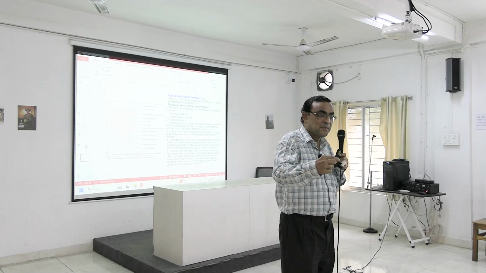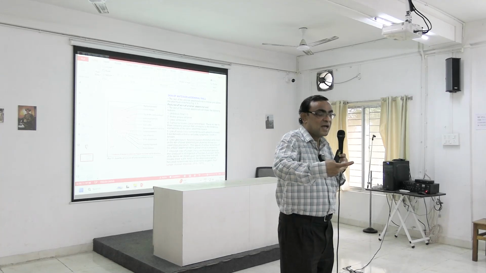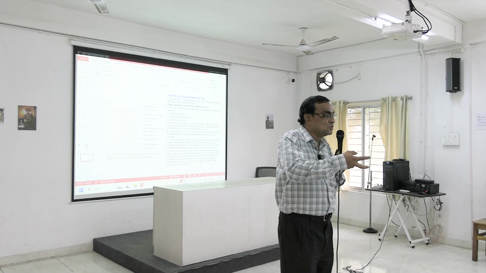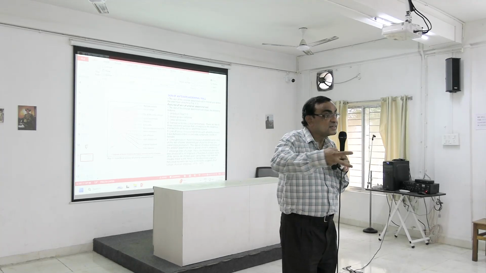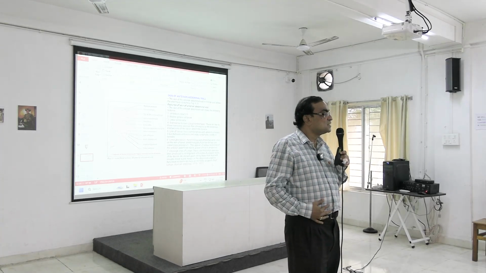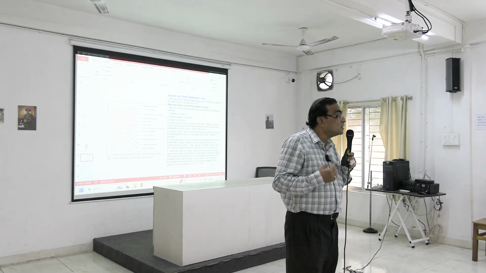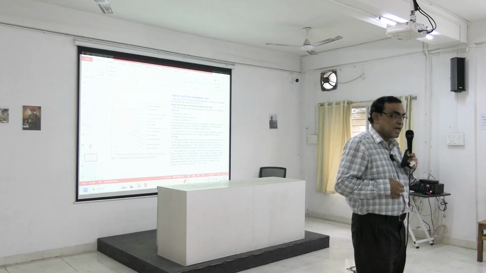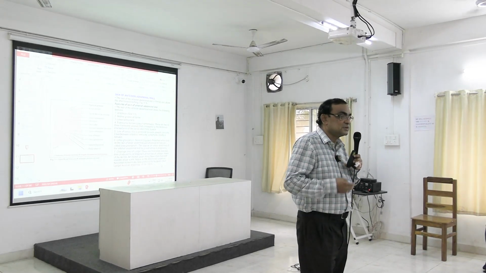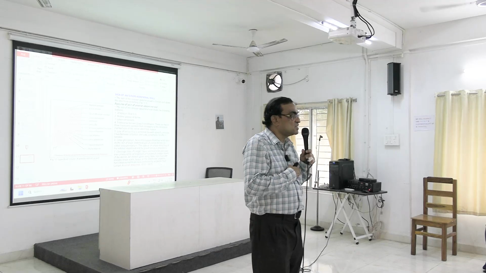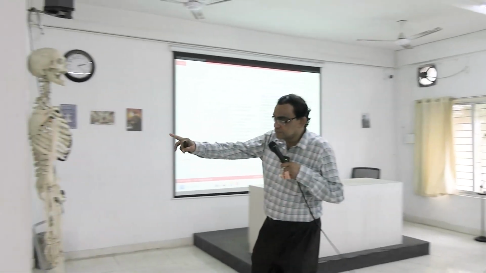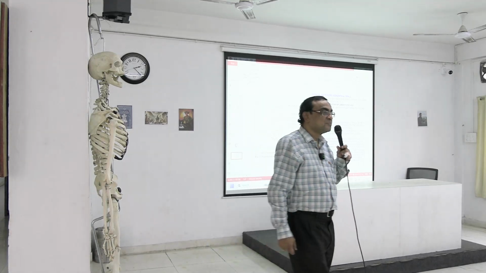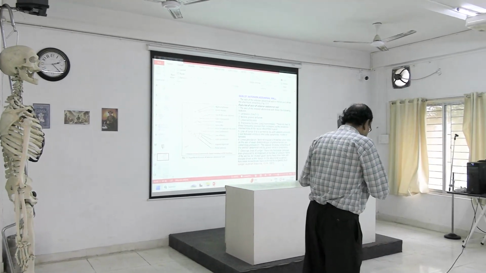One sheath comes up, splits and covers the muscle, and again reunites at the middle. So this is the rectus sheath. The muscle is under the coverage of this sheath, which extends from the xiphoid process to the symphysis pubis.